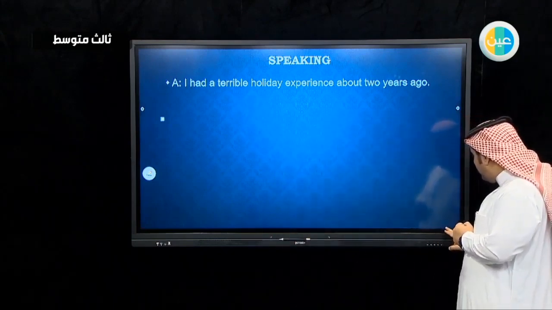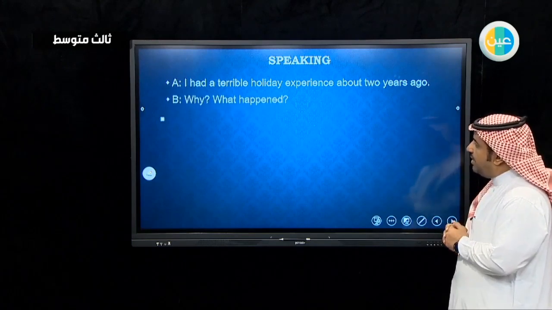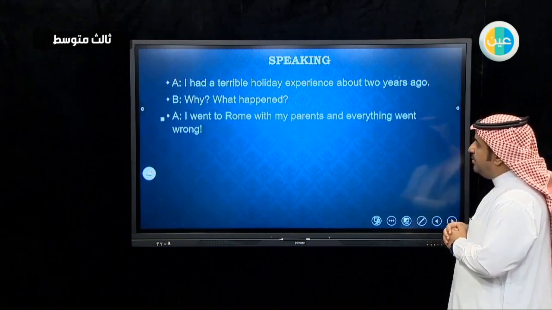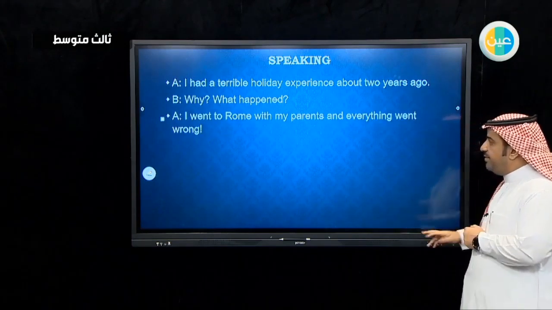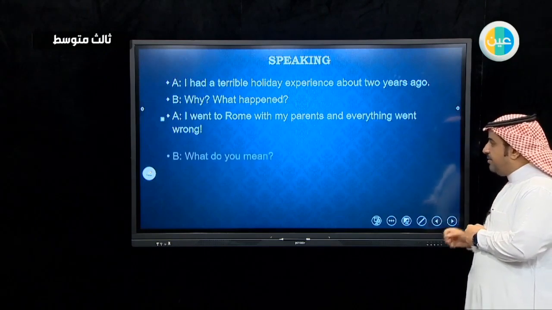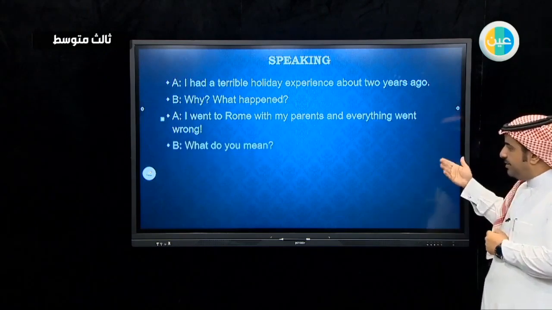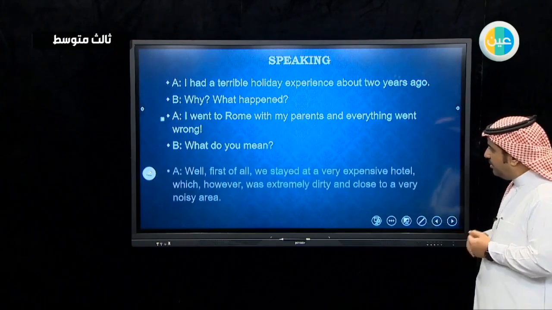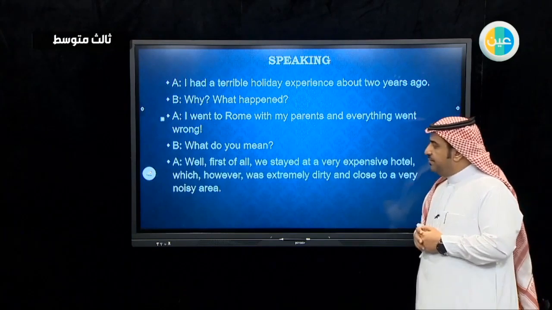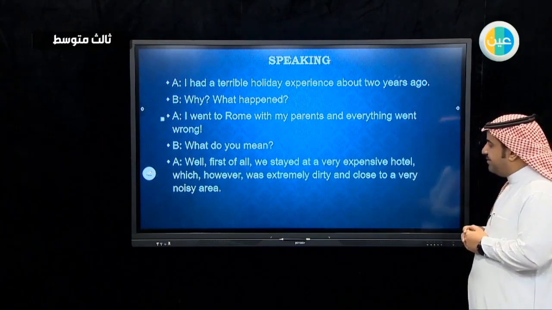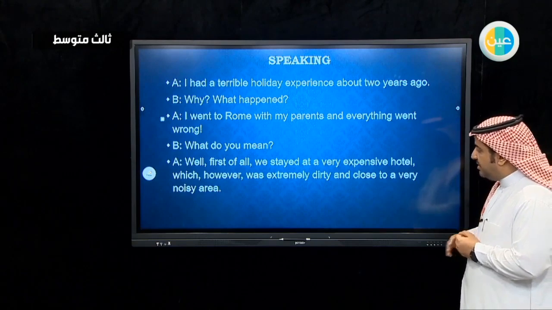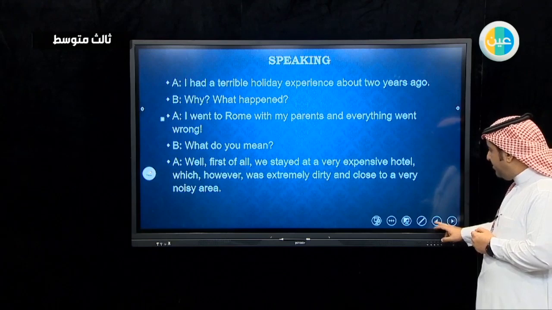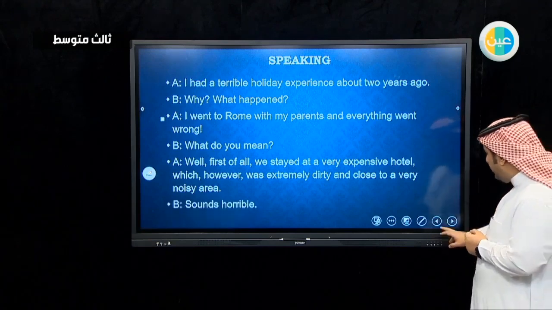The other one will answer and say, why? What happened? Then A will say, I went to Rome with my parents and everything went wrong. What do you mean? Here he didn't understand. What does he mean by went wrong? What went wrong? Well, first of all, we stayed at a very expensive hotel, which, however, was extremely dirty and close to a very noisy area. Sounds horrible.